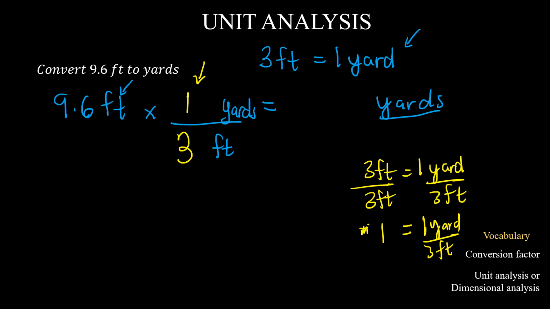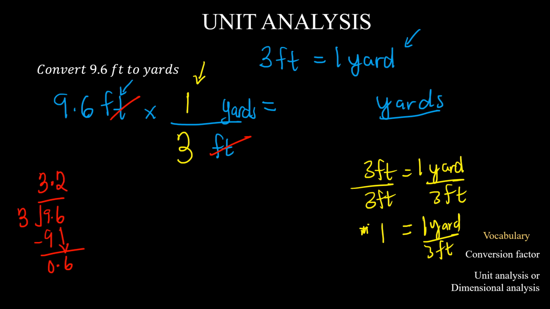Okay, and then let's see what we get. So we're going to start by canceling out. Feet cancels feet. 3 actually goes into 9.6, right? If I were to do that, 9.6 divided by 3, 3 into 9 is 3. All right, 0.6. 3 into 0.6, that's 0.2, right?